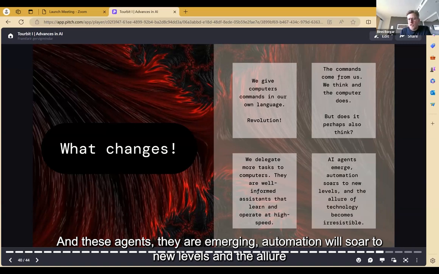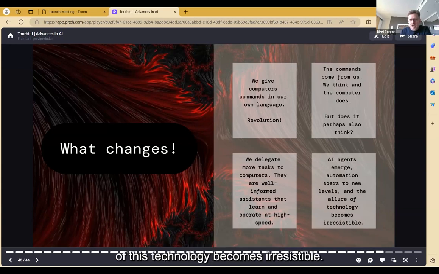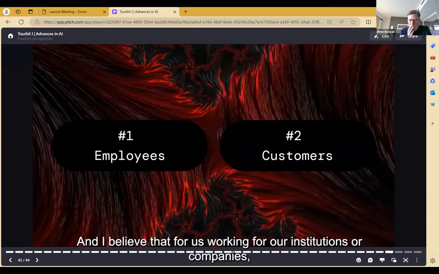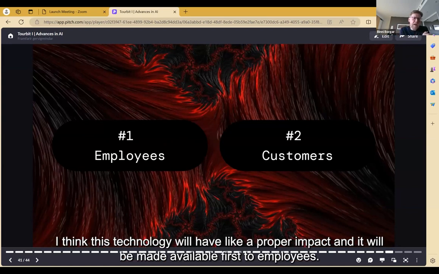Automation will soar to new levels, and the allure of this technology becomes irresistible. So it will become irresistible. And I believe that for us working for our institutions or companies, this technology will have a proper impact, and it will be made available to employees.